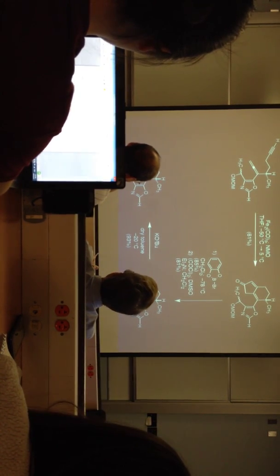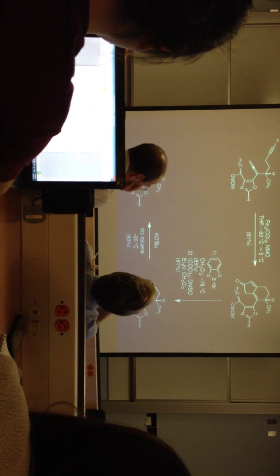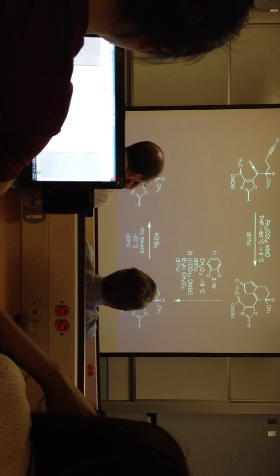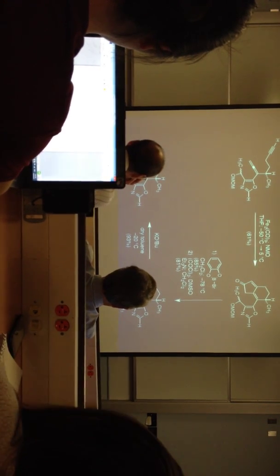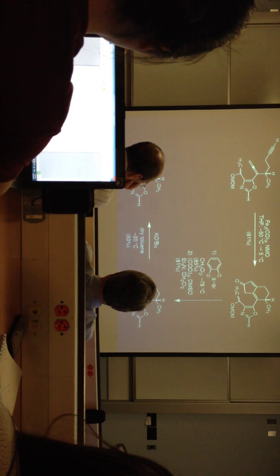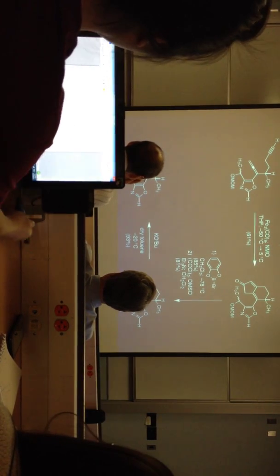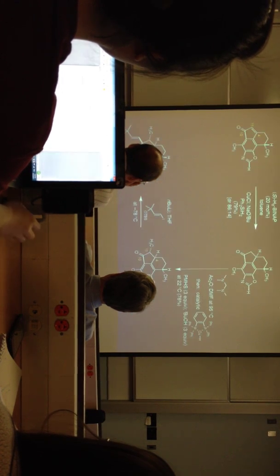And I teach all of my organic graduate students to count to 6. Right? 1, 2, 3, 4, 5, 6. So closing a 6-membered ring is an easy thing to do. It closes, it eliminates, and it makes this fully substituted aromatic ring that you see here in front of you.